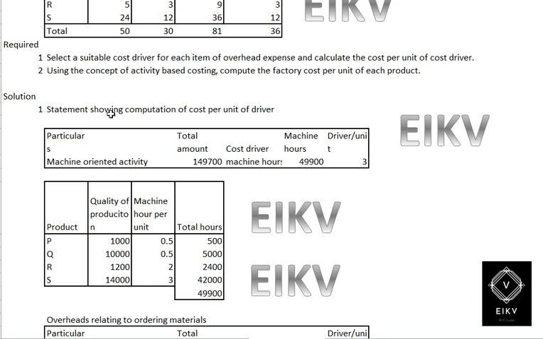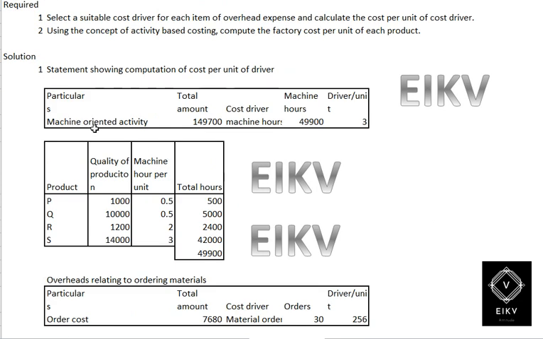So going ahead with the solution, we have a statement showing computation of cost per unit of cost drivers. For that I have made a small working which has particulars, total amount, cost driver and cost driver per unit. First of all we have the machine oriented activity.